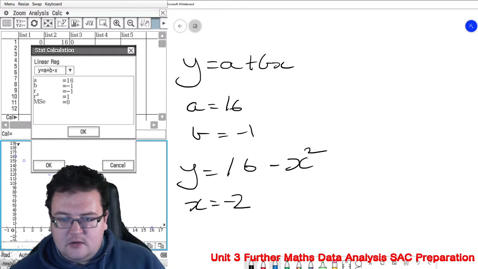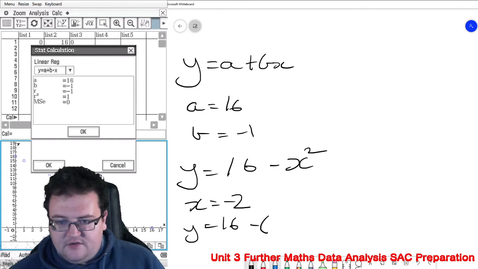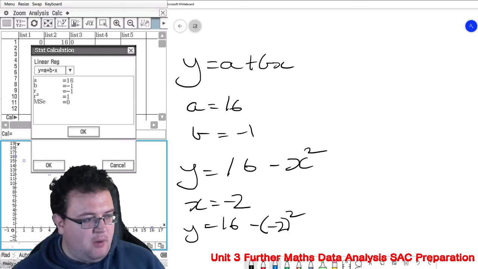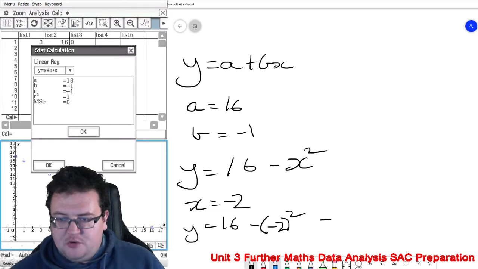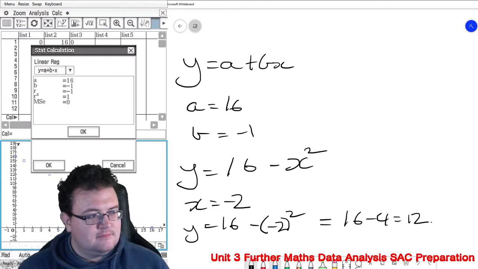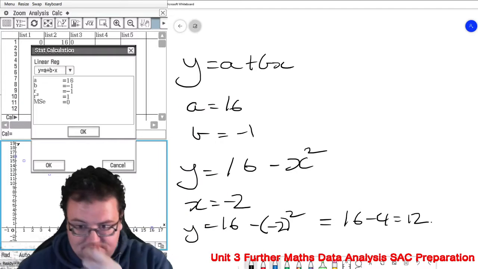That would mean that we have y equals 16 minus 2 squared. Minus 2 squared is positive 4, so it should be 16 minus 4, which is 12. I got it right. Hooray!